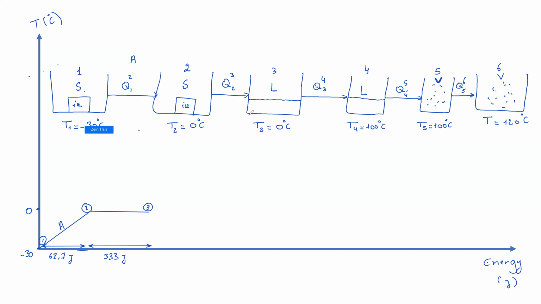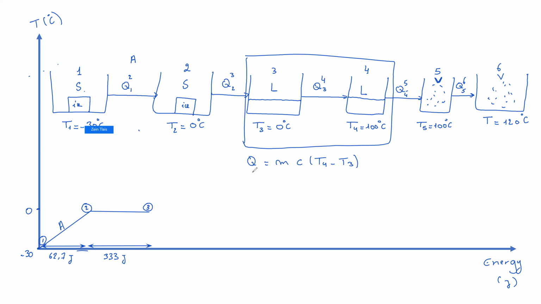The next one, we pass from liquid to liquid. As we have the same phase, liquid, so we use Q equals to mc delta T, T final, T4 minus T3. To pass from 3 to 4, as we have liquid, water, so here we have C water.